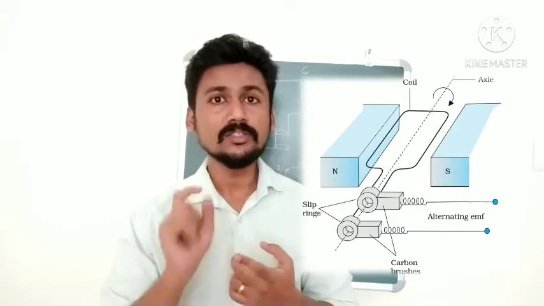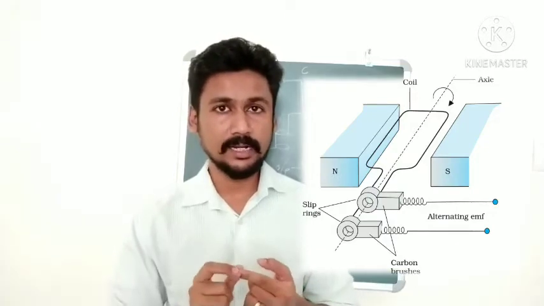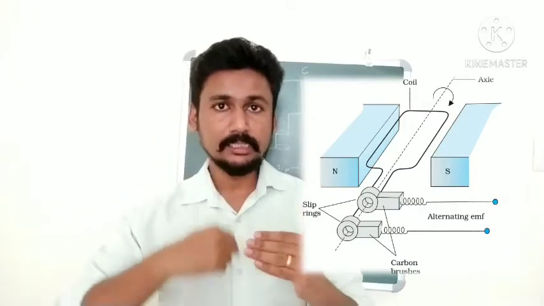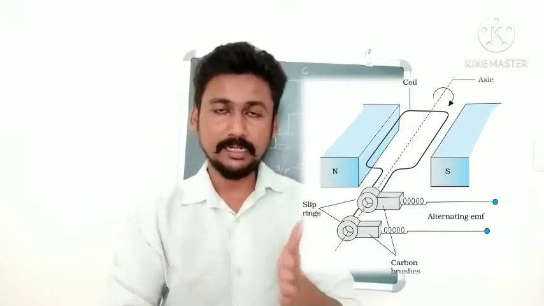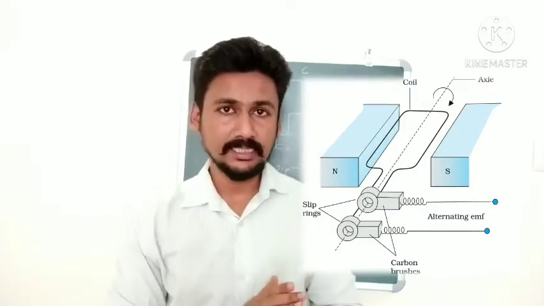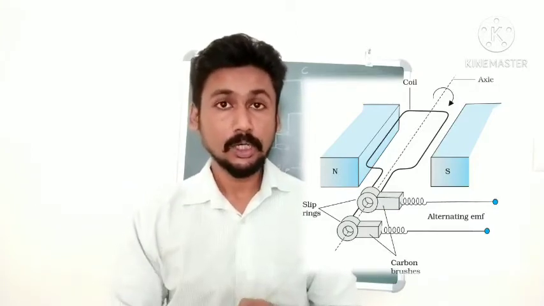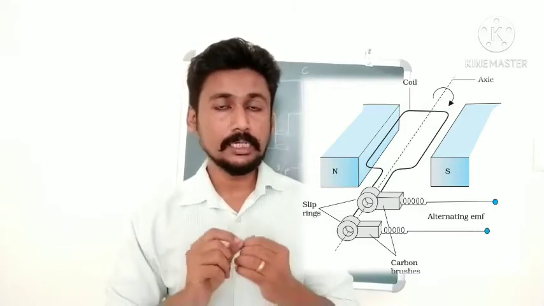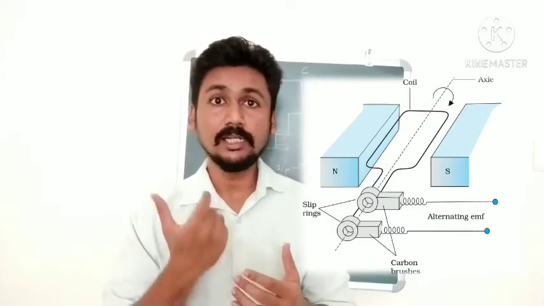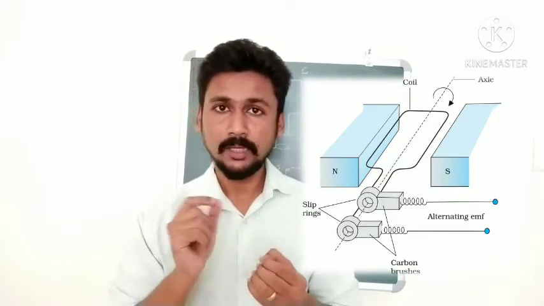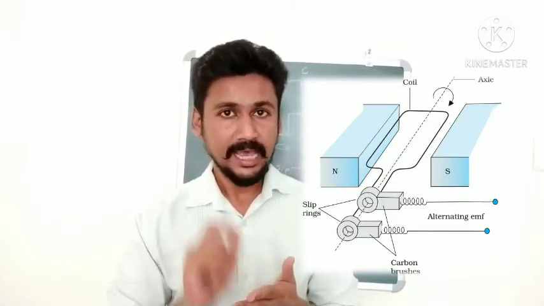Or we can use water, that is a hydroelectric power plant. We'll drop water from a large height, that water will move the turbine, again the turbine moves the coil and creates electrical energy. Or we can use wind energy, or the most efficient, that is the nuclear energy. So these are different ways in which we can use the mechanical energy.